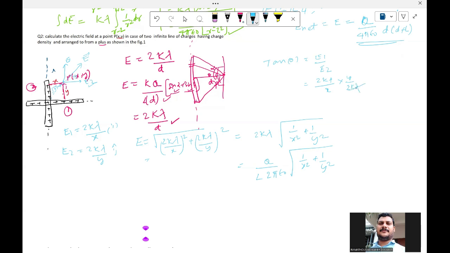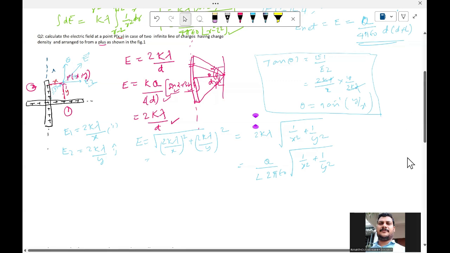The 2K lambda cancels, therefore theta is equal to tan inverse of y by x. This finds the direction of the resultant electric field with the x axis. If theta is given with the y axis, then theta is equal to tan inverse x by y, which is opposite field by adjacent field. So this is the direction of the field, and this is the calculation of the field using the infinite rod formula.